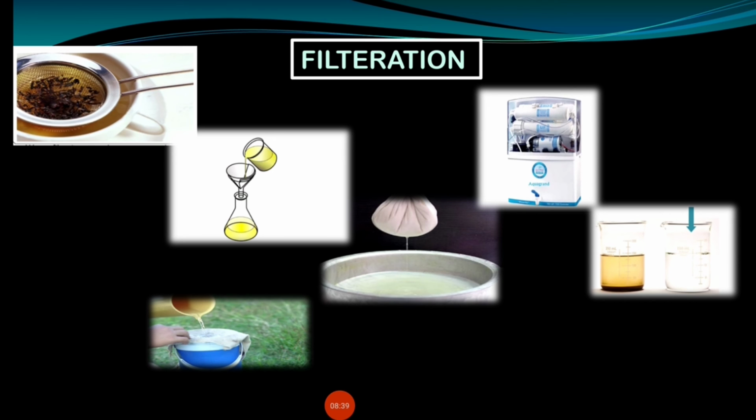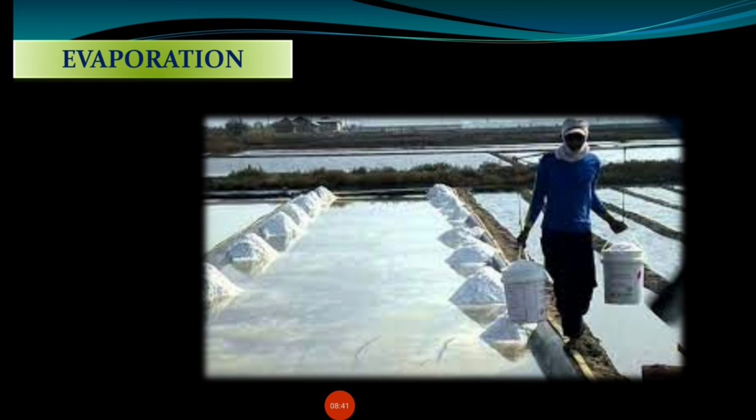Now, the next method is the evaporation method. Dear students, how can we separate a mixture of salt and water? Salt from seawater is separated by the evaporation method. Evaporation is the process of converting water into water vapor. Seawater has common salt dissolved in it.